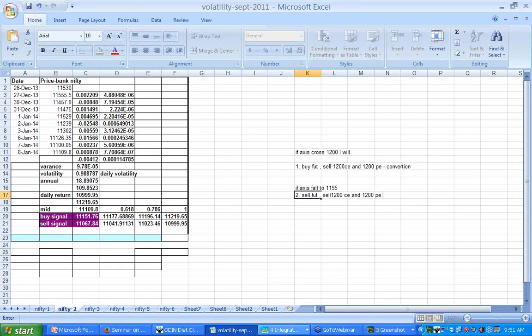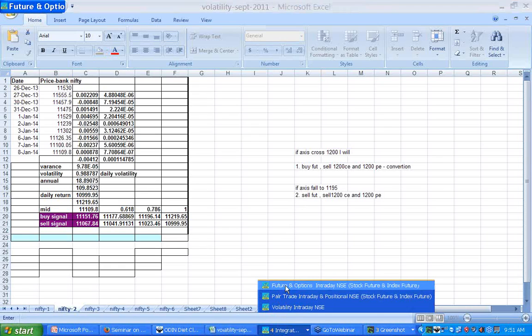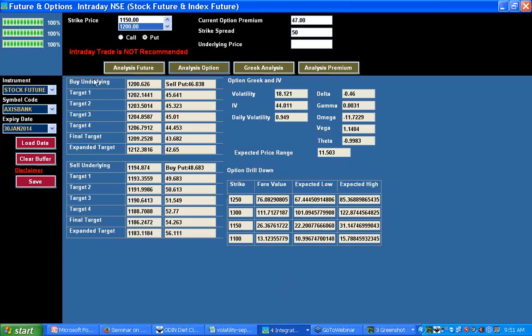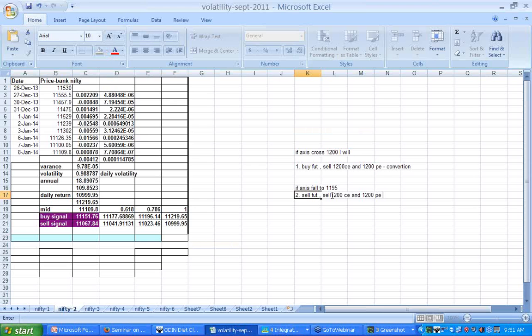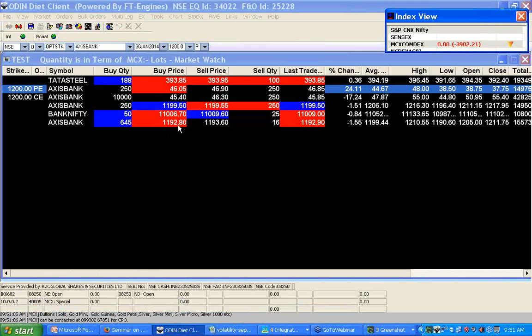So where do I keep my stop loss and coming out of this strategy? Since intraday trade is not recommended in this strike because of very high implied volatility, if I'll be booking the profit in this above case, I'll book profit at 1212 if I am doing this one.